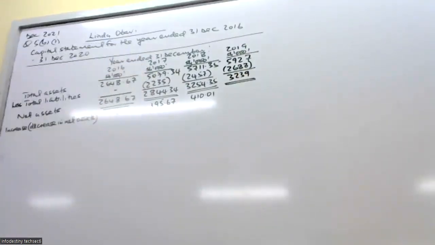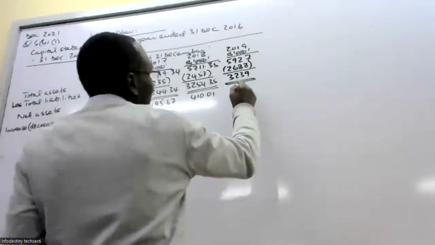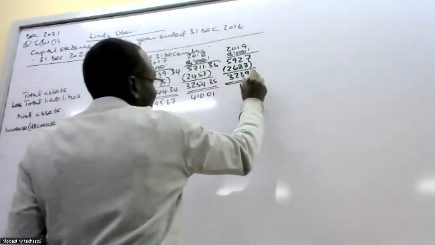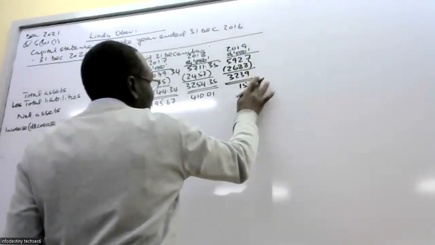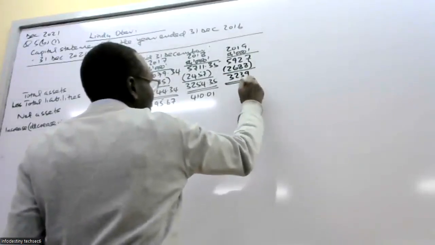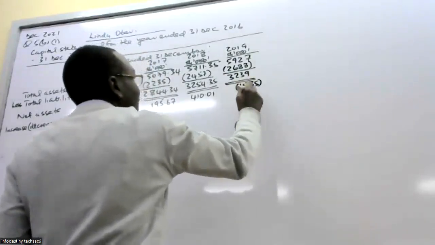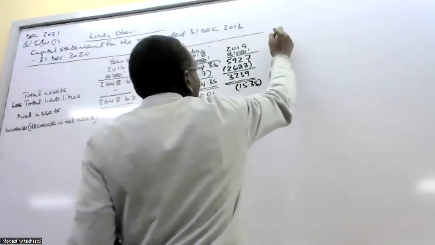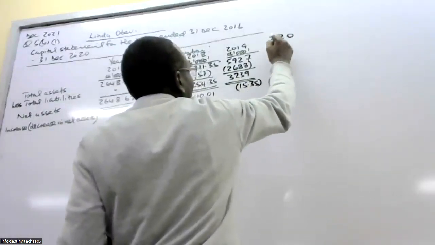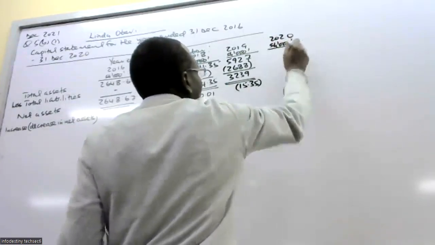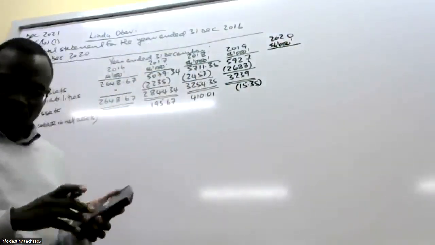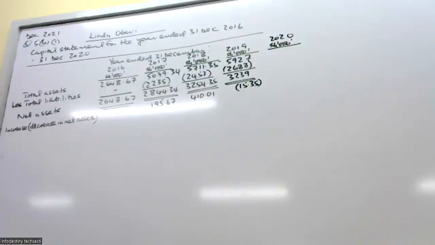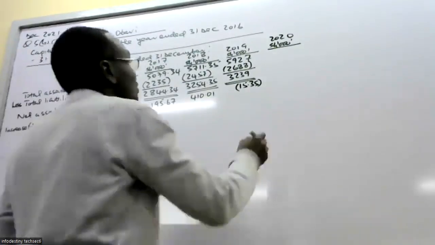Now there's a decrease in net assets there, negative 15.35. Then the last year is 2020. So in 2020 again, total assets is given as 6182.